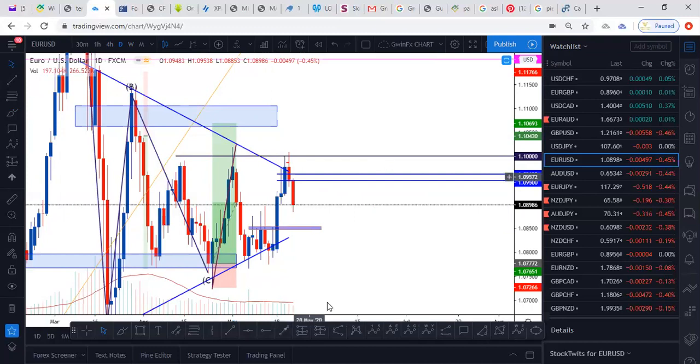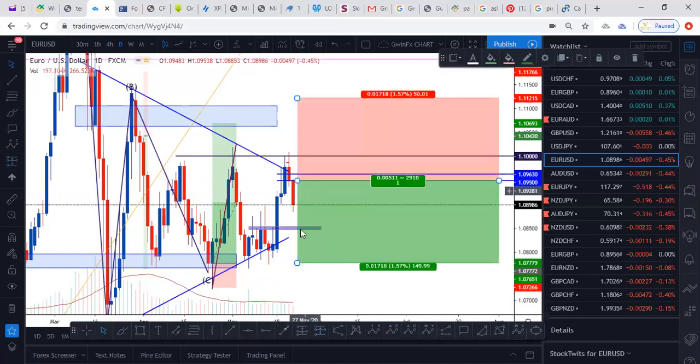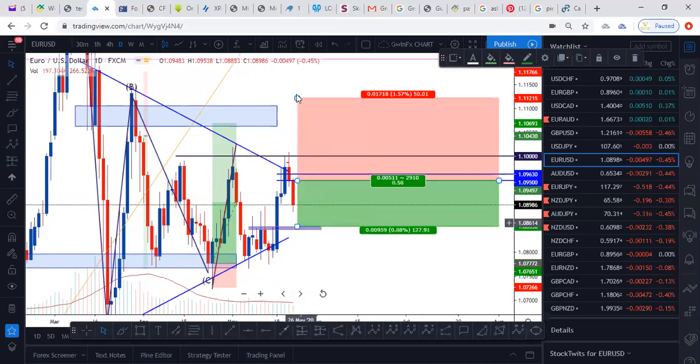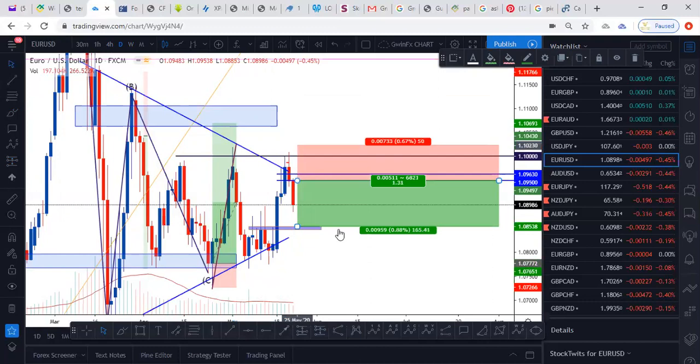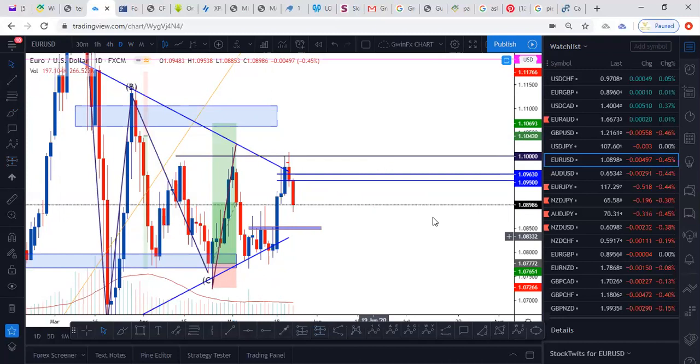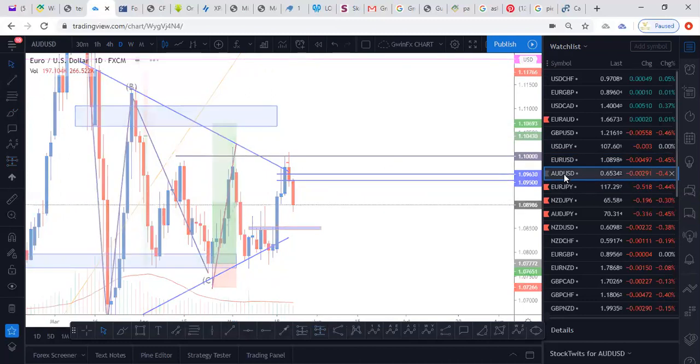So that will give us risk up here. All right, so that will not be a good trade. So we'll not be taking any trade from the Euro USD this week because it's not a good position to be in. Okay, what do you have with the Aussie USD?